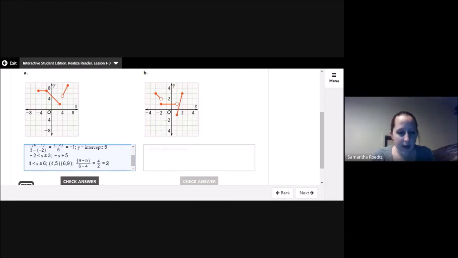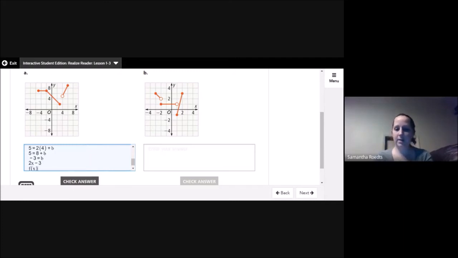I can substitute that in to figure out the intercept. Let's use 4 and 5. So 5 equals 2 times 4 plus b. So 5 equals 8 plus b. So -3 equals b. So that's my intercept. So I have 2x minus 3.